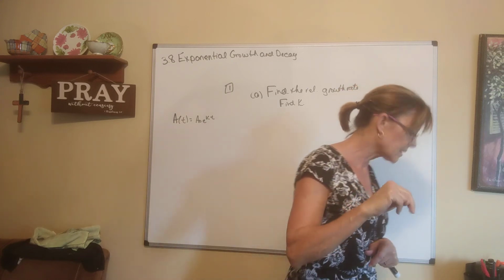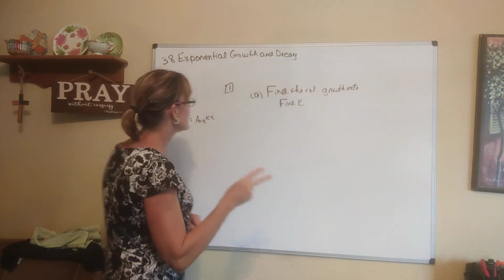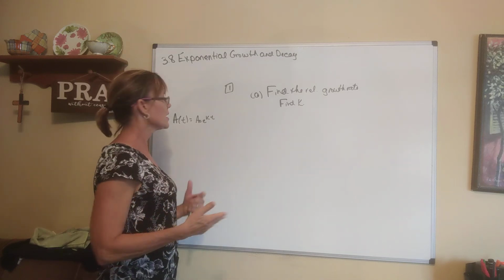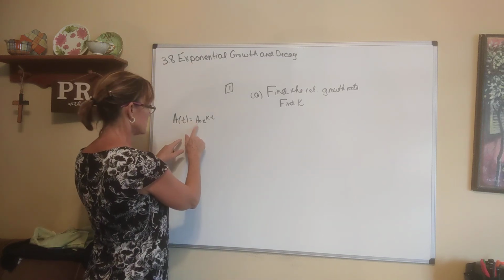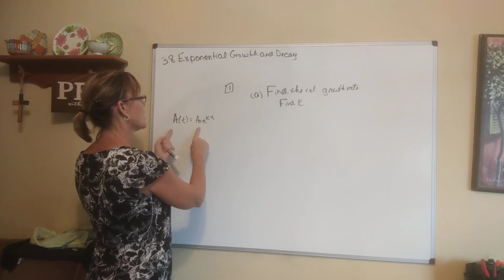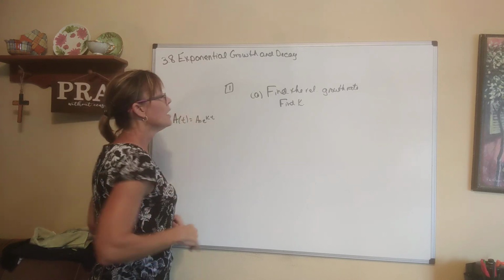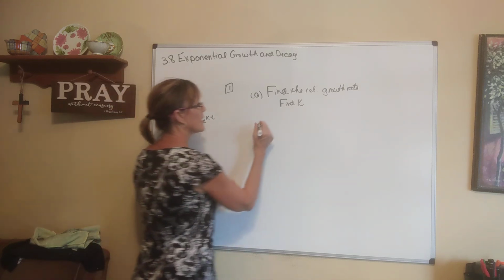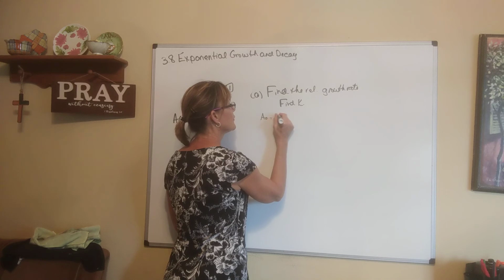There's 2 cells every 20 minutes. Every 20 minutes, it doubles. So you could either just say we don't even know how much the initial amount is, and there's 2 times that every 20 minutes, or we could go ahead and use the initial amount. Let's just do that. The initial amount, a sub 0, they said we started with 50 cells.